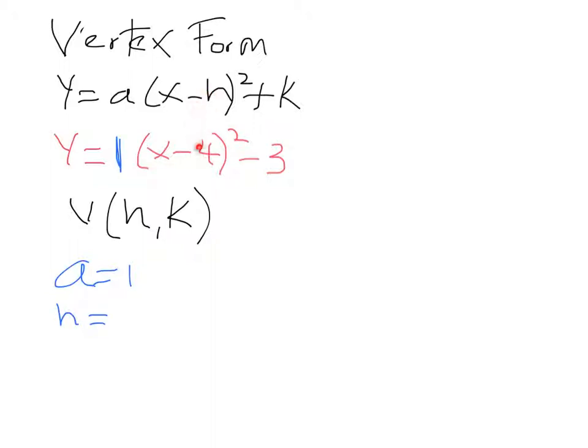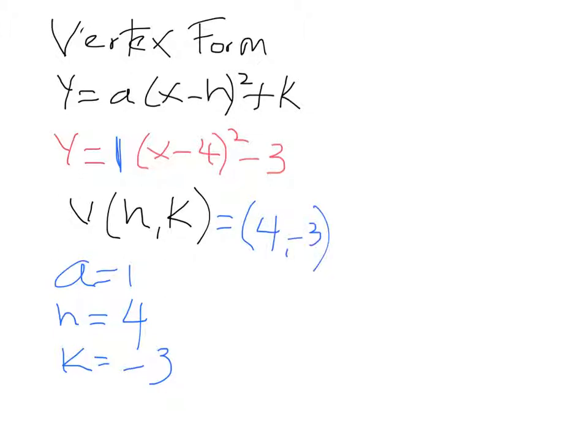So this is negative, then the h will be positive. And the k is whatever's after the parentheses. In this case, it is negative 3. So from here, I can get my h comma k, which is my vertex. So my vertex is equal to 4 comma negative 3.